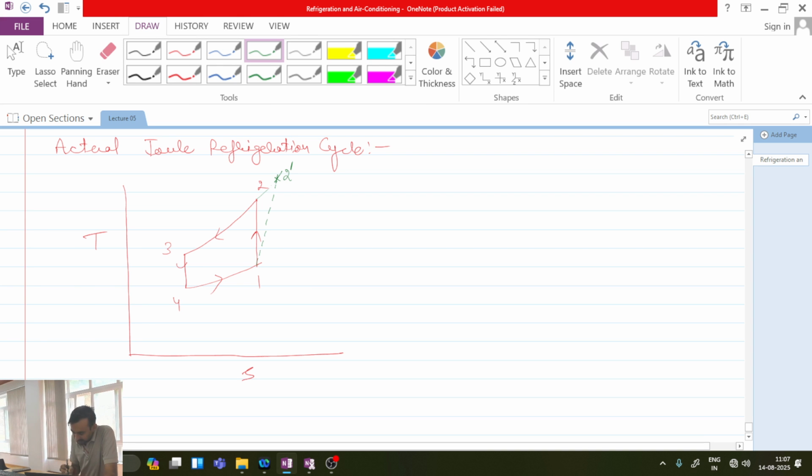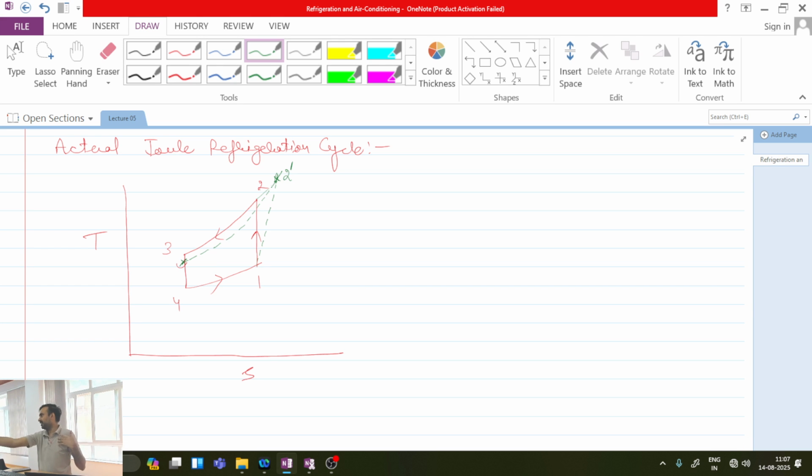Now this 2 is the exit of the compressor. At the exit of the compressor we have an isobaric heat exchanger. Okay, but as I told you, in the coils of the heat exchanger, when the fluid is moving, there will be pressure drop. So instead of moving along the constant pressure line, in the actual process it will keep on deviating from the constant pressure line, and the maximum deviation will be at the exit, because as it moves along the length of the pipe, the pressure drop keeps on increasing.